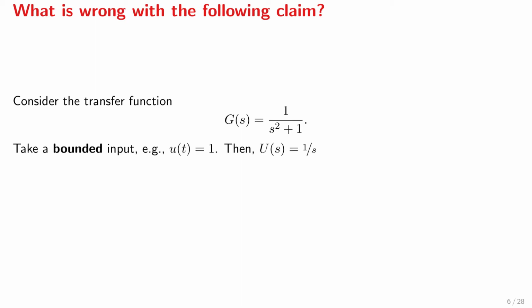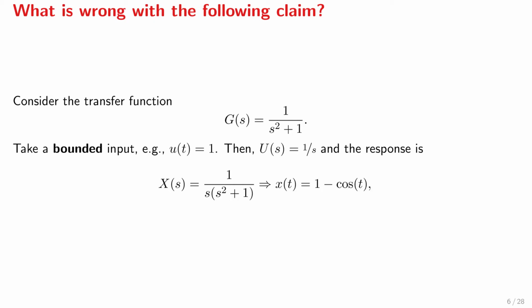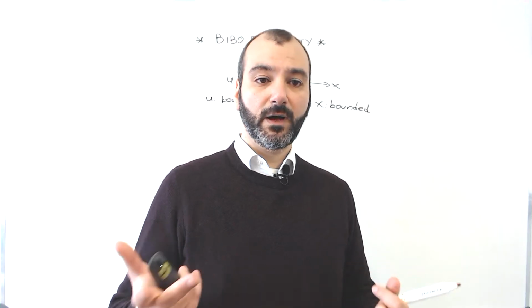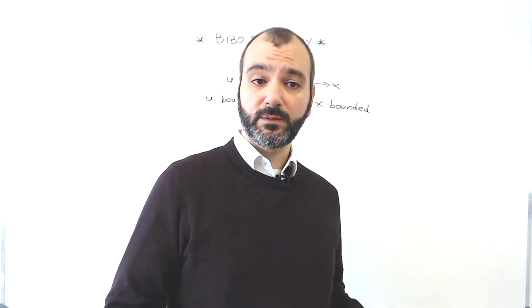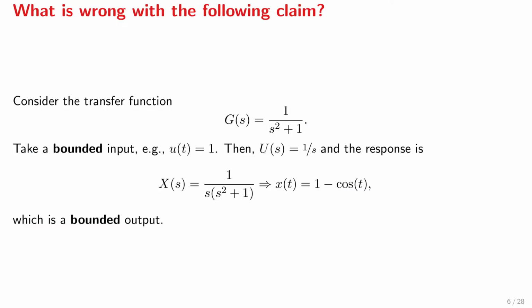The Laplace transform of that is 1 over s, and the output is, of course, input times transfer function, so it is 1 over s times (s squared plus 1). If you take the inverse Laplace transform, which you can do as an exercise, you will find that x of t is 1 minus cosine of t. This is a bounded output, so for a bounded input we have a bounded output, and someone could say here that the system is BIBO stable.